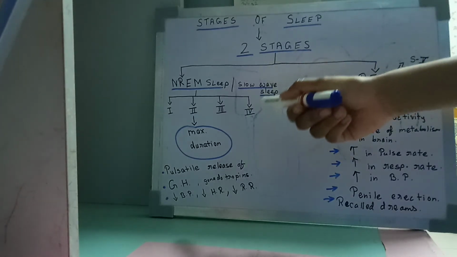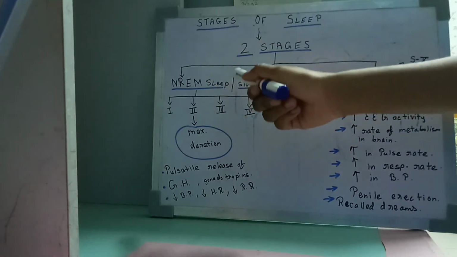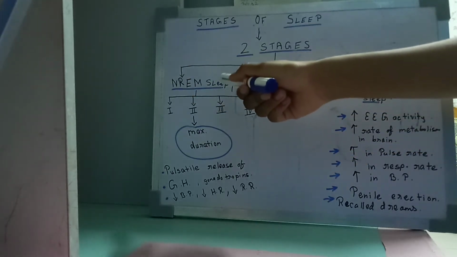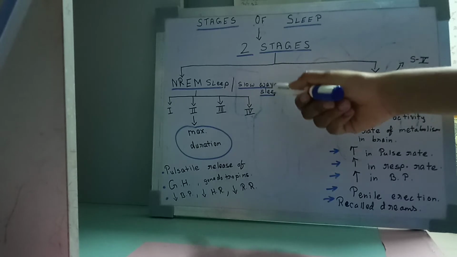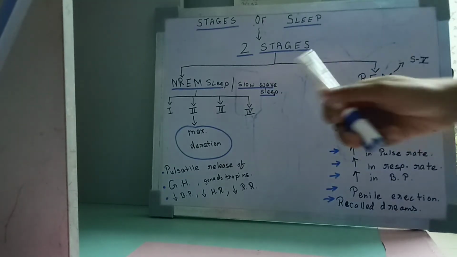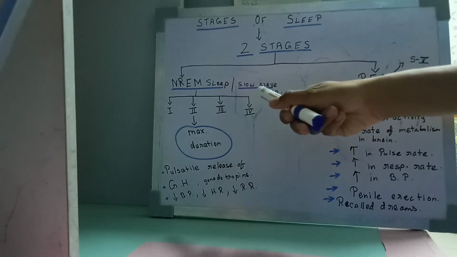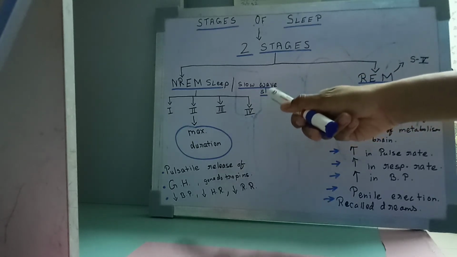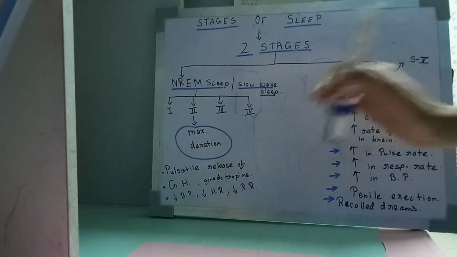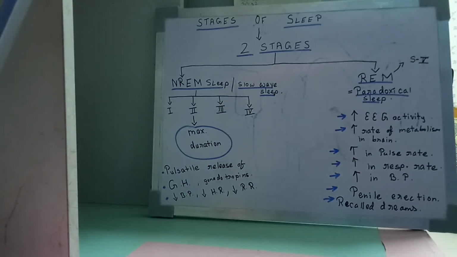Let's come to the fourth stage of non-REM sleep, which is also the last stage of non-REM sleep or slow wave sleep. Now, the fourth stage is the deep sleep. A person goes into deep sleep, and this is characterized by the predominance of delta waves on an EEG recording.